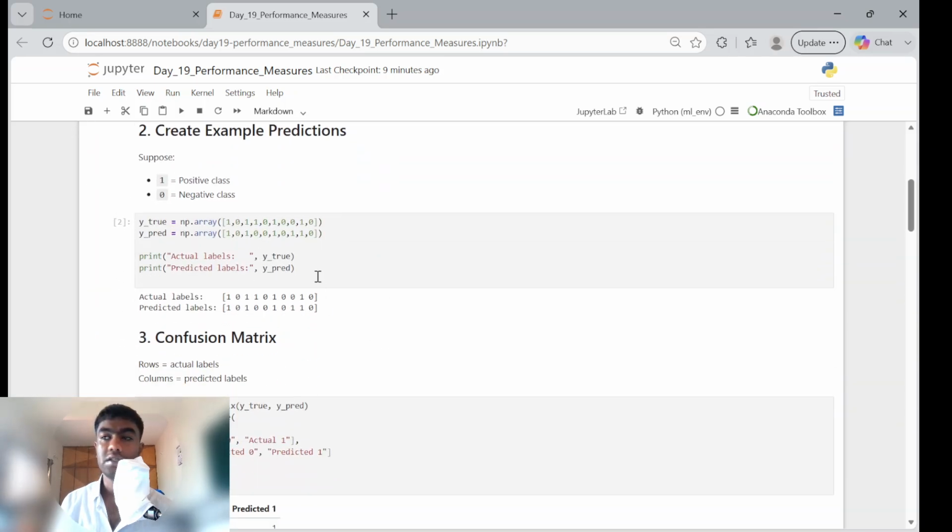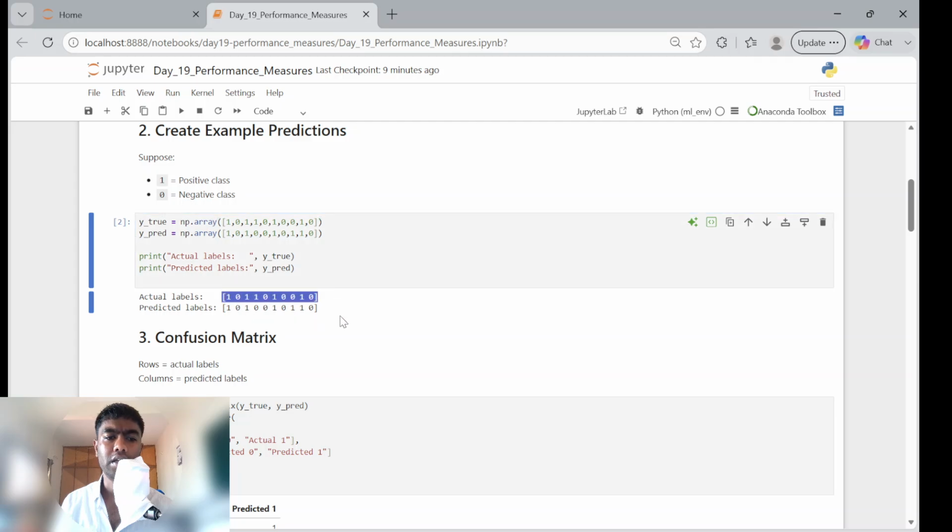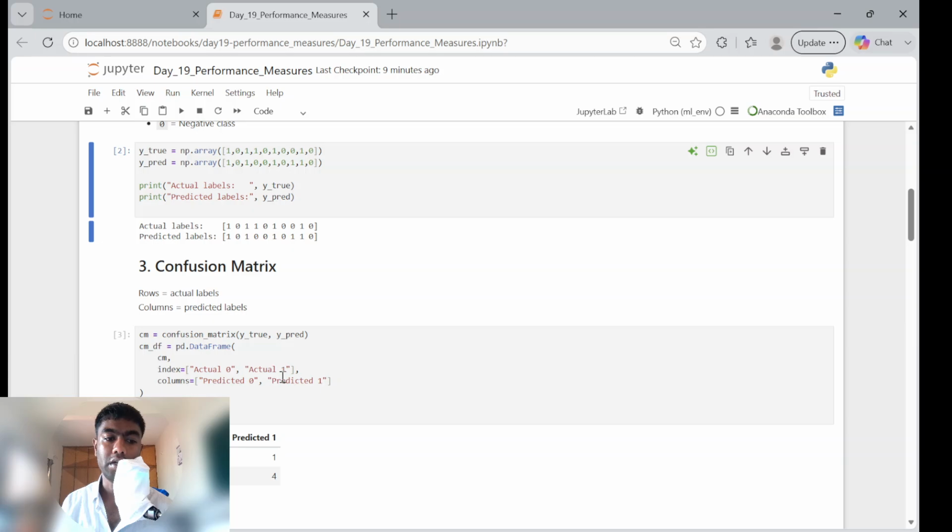So just take a simple example of true values being an array of 1s, and predicted values being something like this, where you see 1 being predicted as 0 and 0 being predicted as 1 sometimes, right? Just take it as an example, just to understand how a confusion matrix works.